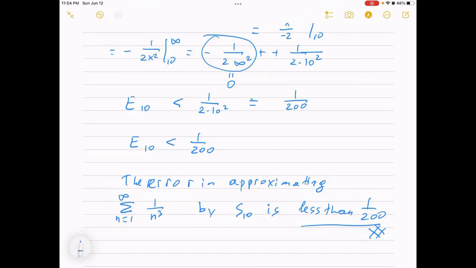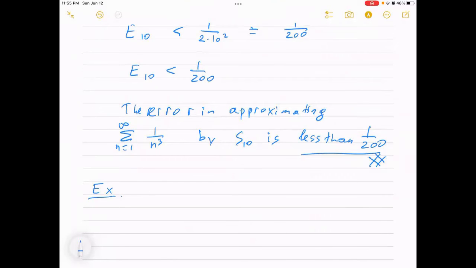Let's do a slightly different problem. This is the sum of 1 over n to the 4, n from 1 to infinity, which is convergent by the p-test.